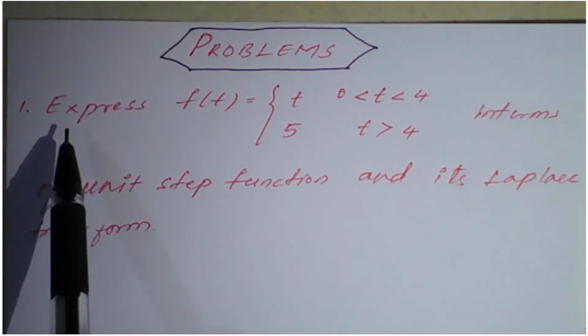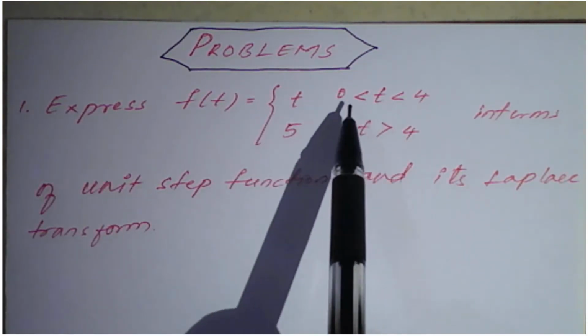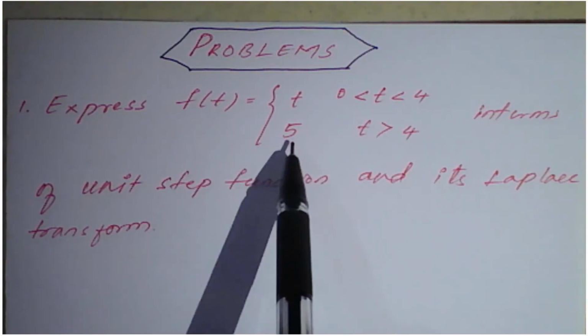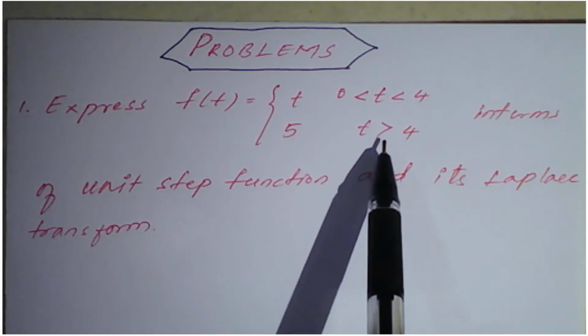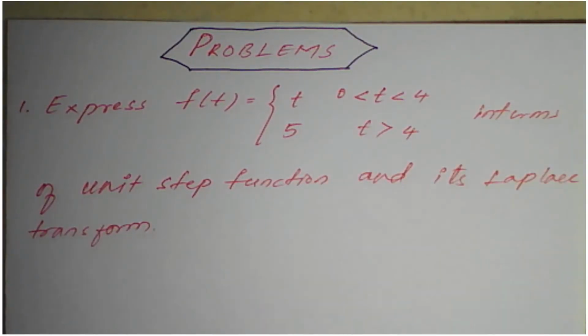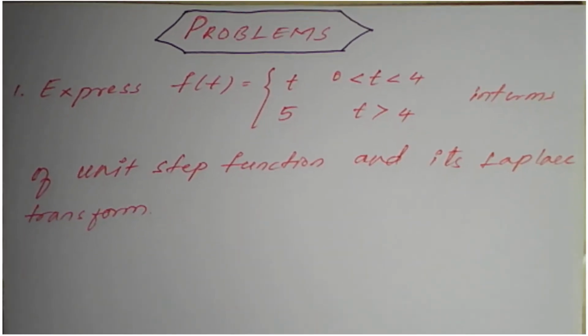The problem is express f of t equal to t where t is greater than 0 and less than 4, and f of t is pi where t is greater than 4, in terms of unit step function and its Laplace transform. So as we know, this is a discontinuous function.